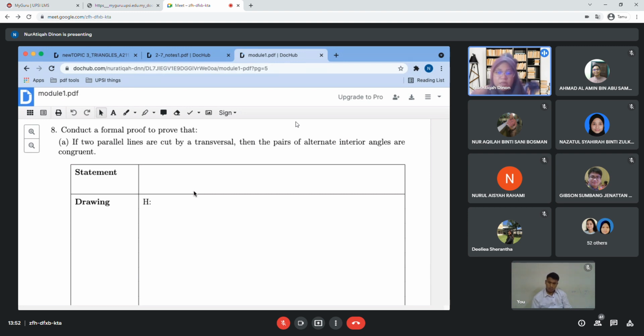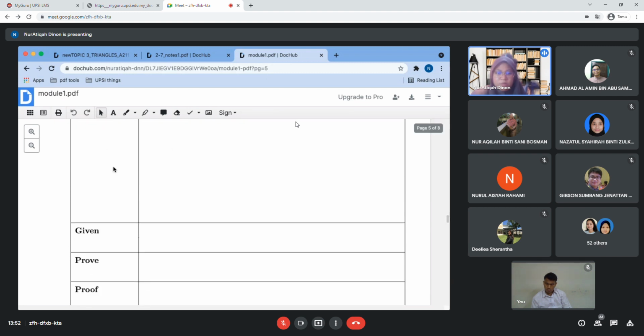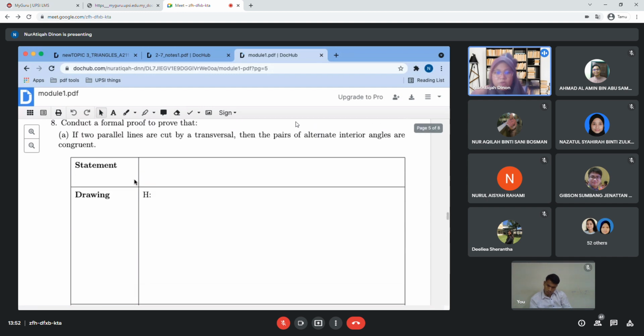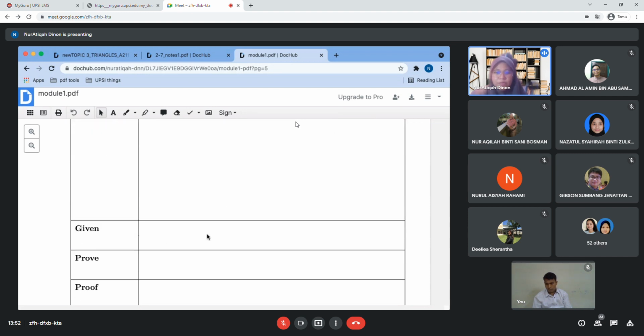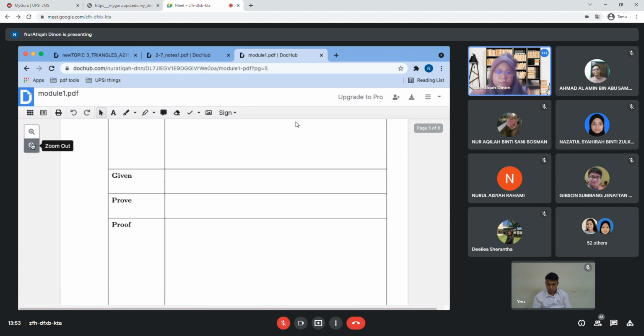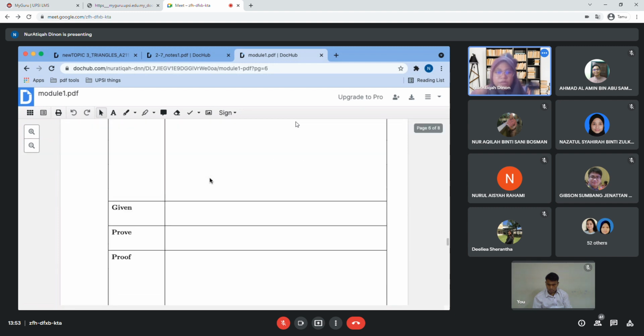Tapi saya takkan bagi detail lah proof pasal apa, teorem apa. But then you can try this one because the most important thing is whenever you conduct a formal proof, walaupun you make your own drawing, but it's gonna help you when you are doing the proof over here kan, because you are doing the 2 column proof pun kat sini kan. Okay. So ini boleh try lah.